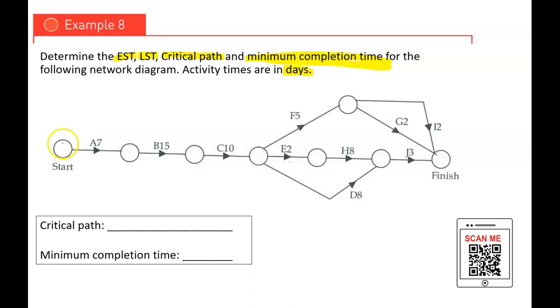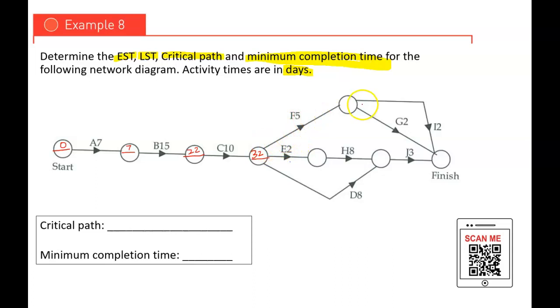How do you determine the EST? You start with the starting node, and the value that you start with will always be 0. Then 0 plus 7, you have 7. 7 plus 15, you have 22. 22 plus 10, you have 32.